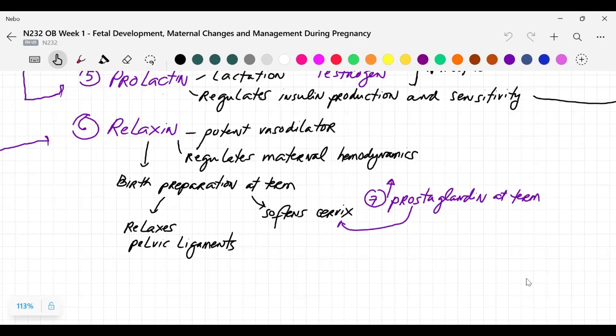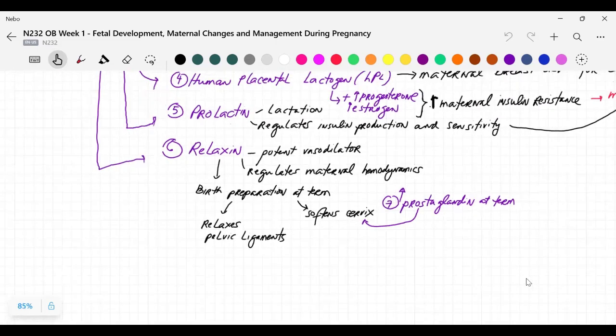But with that same mechanism of action, it's also given in elective abortion, to open the cervix so that they can get the fetus out. So remember that, because we're going to be talking about medications later on that are prostaglandin and prostaglandin inhibitors.